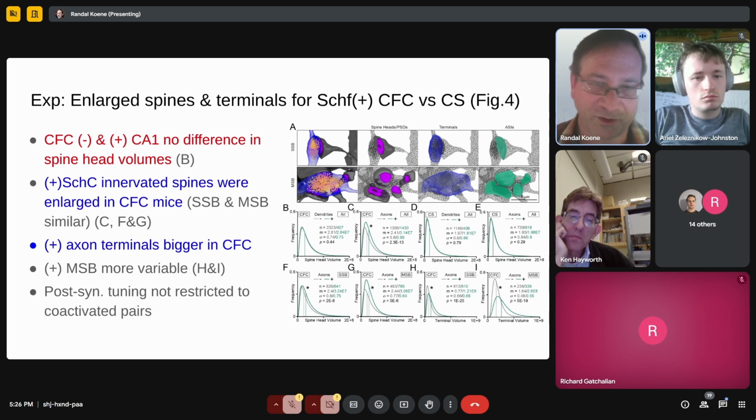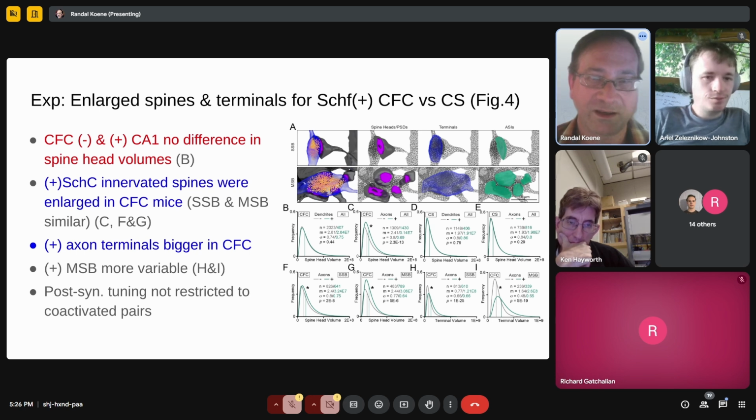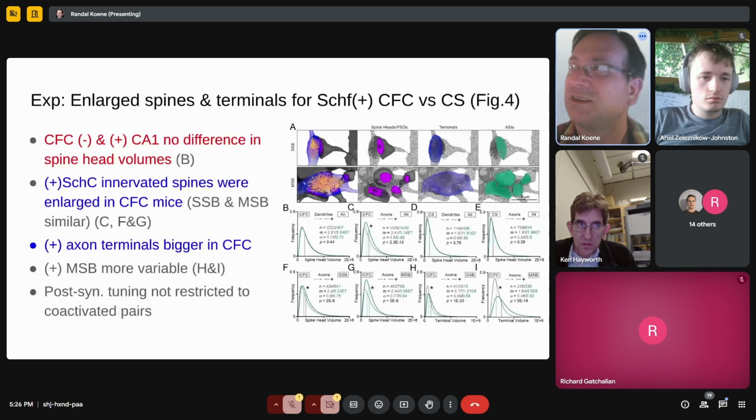In accordance with their patch clamp results, minus and plus CA1 pyramidal neurons of fear-conditioned mice had no detectable differences in spine head volumes, irrespective of axonal labeling. However, of 2 dispersed spine populations categorized solely by the activity history of contacting axons, the spines innervated by plus Schaffer collateral fibers were enlarged.